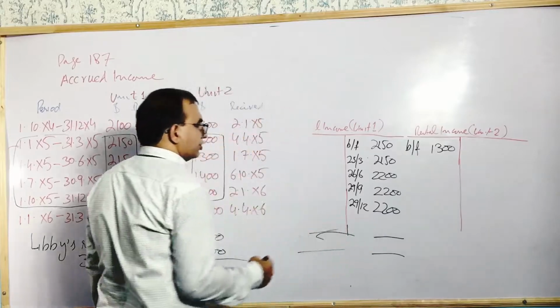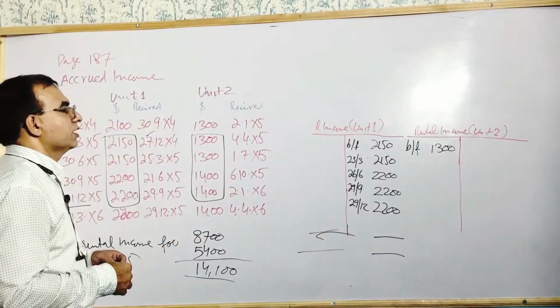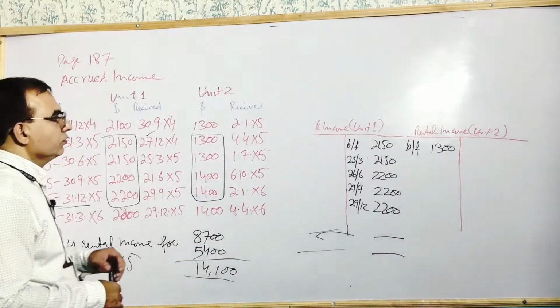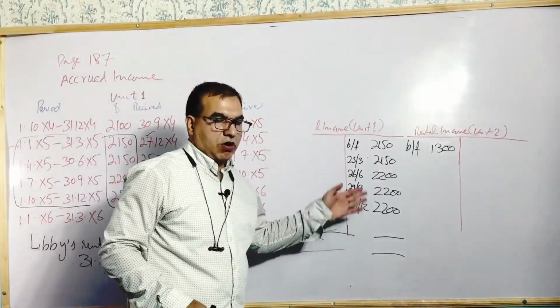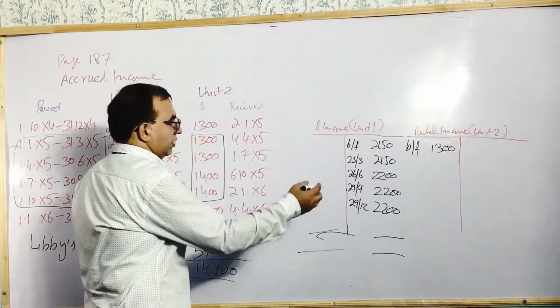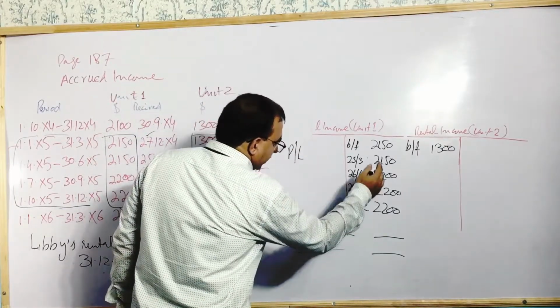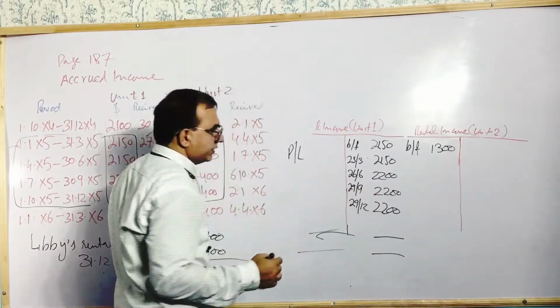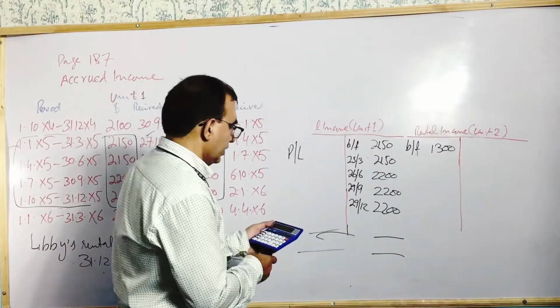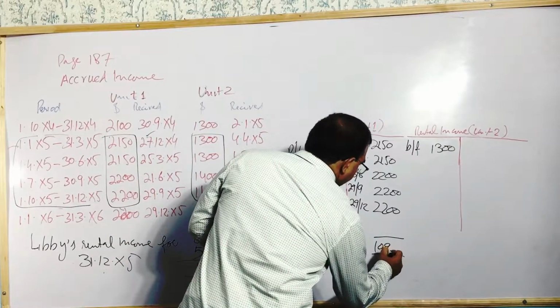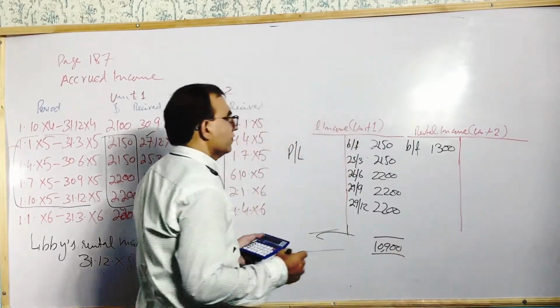So we posted all the payments here, opening balance here. But remember, this all is not income. If this is income, we'll say profit and loss, and whatever it adds up to, we'll write it here. It's 10,900. Okay.